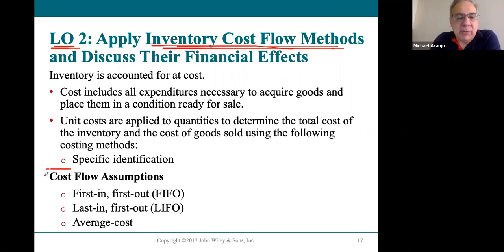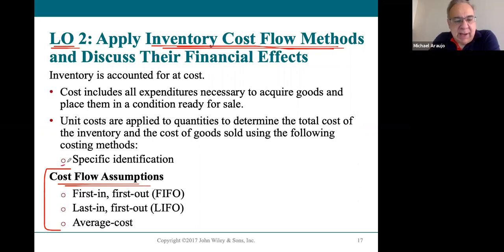And the cost flow assumptions we will focus on, although there's technically 4, will be the last 3 that are listed here on the slide: the first in, first out method, the last in, first out method, and the average cost method. This is what you're going to be focusing on in this part of the chapter.